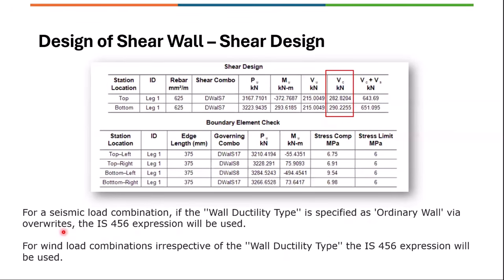So when it is set to ordinary, the IS 456 expression will be used, explained in the manual as well, based on the H by L ratio. The tau c value will be used. So this value you'll see changing based on this information you provide.